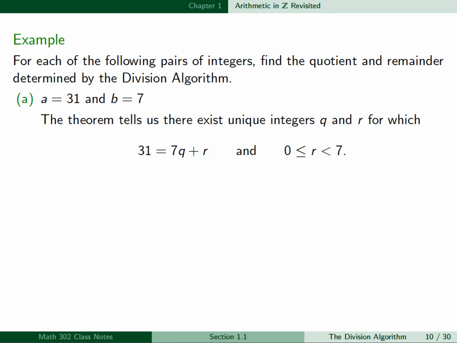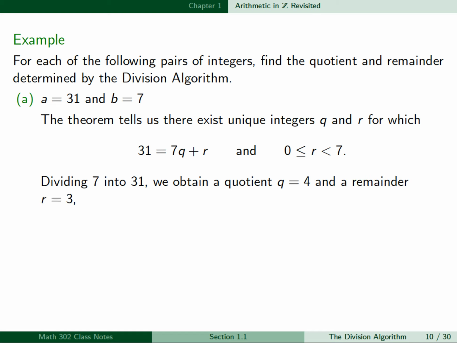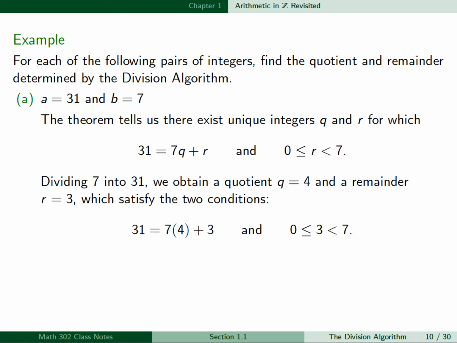So the theorem tells us there exist unique integers q and r for which 31 is equal to 7 times q plus r and 0 is less than or equal to r is strictly less than 7. Dividing 7 into 31, we obtain a quotient q is equal to 4 and a remainder r is equal to 3, which satisfy our two conditions. 31 is equal to 7 times 4 plus 3, and 0 is less than or equal to 3 is strictly less than 7.